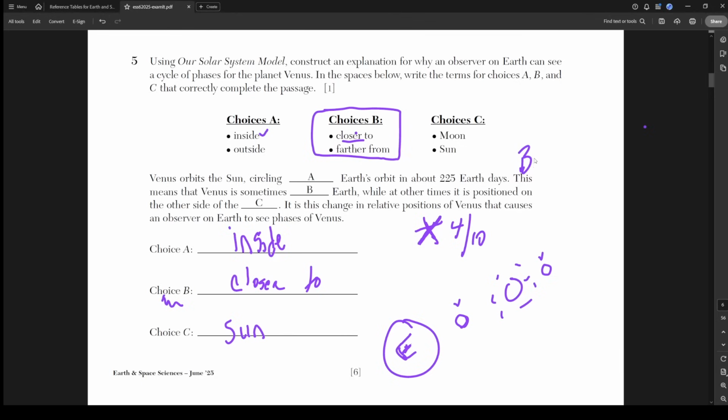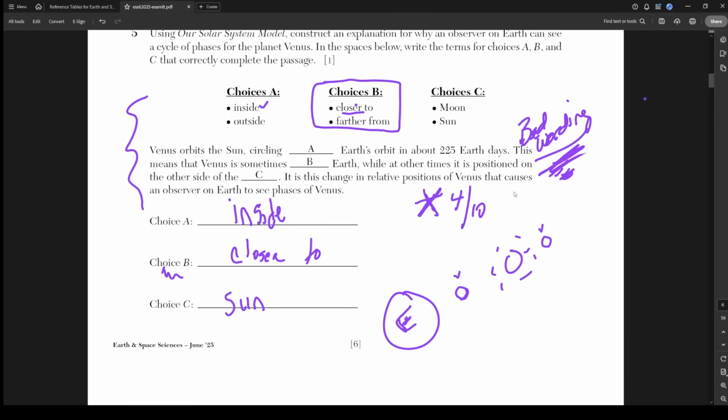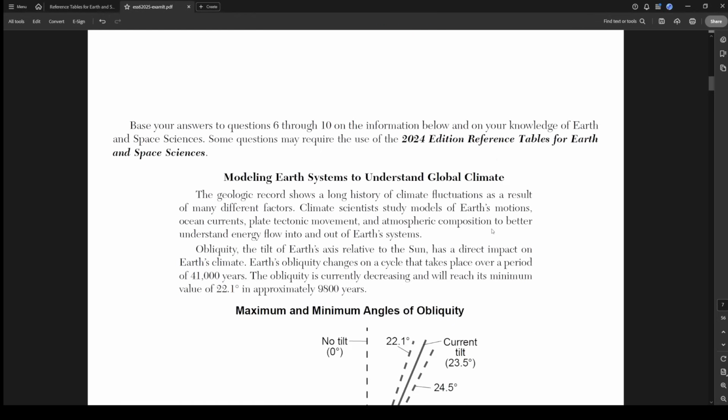But in my opinion, this could be bad wording, and it could be improved. It's a good question, but I just don't like it. All right, we're moving on.